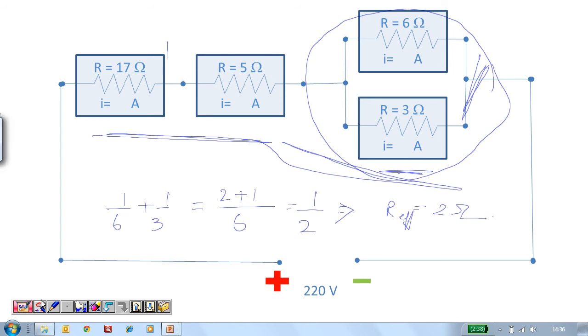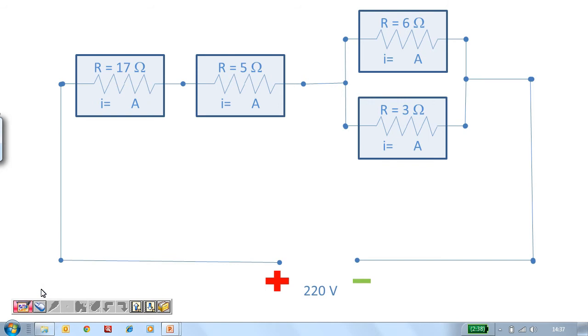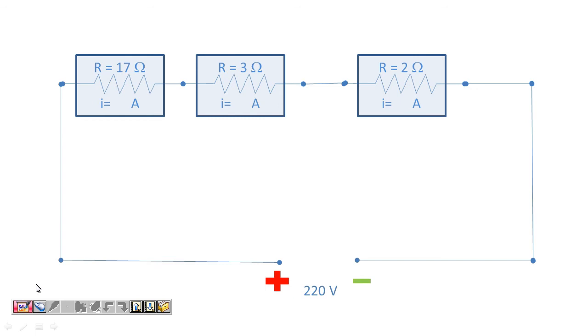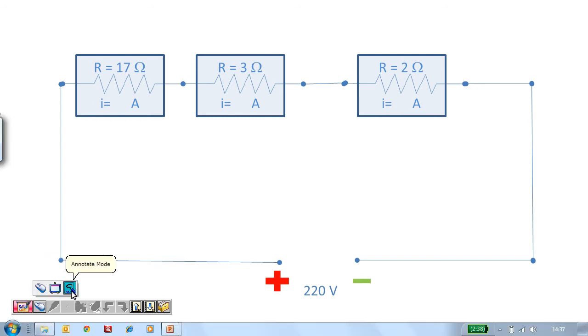So the effective resistance of this piece is shown as 2 ohms. Now we have essentially reduced it to a serial circuit.